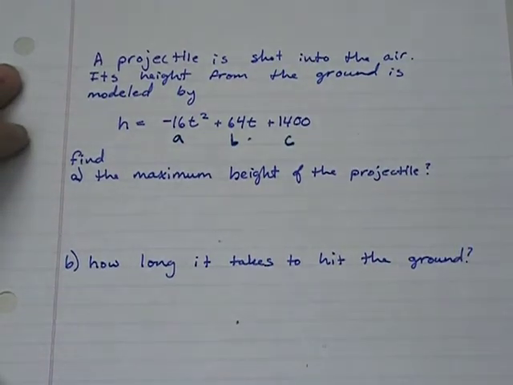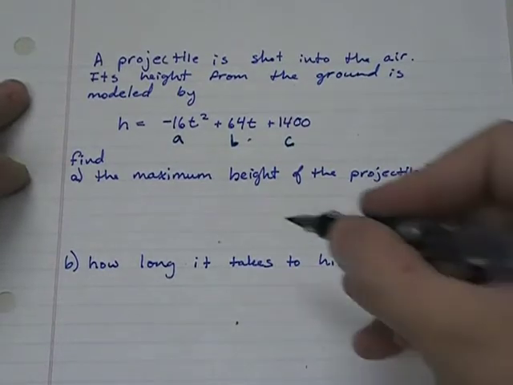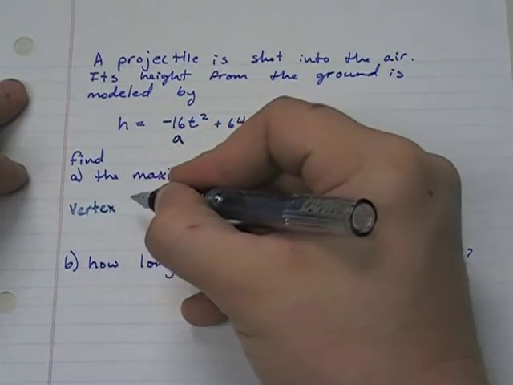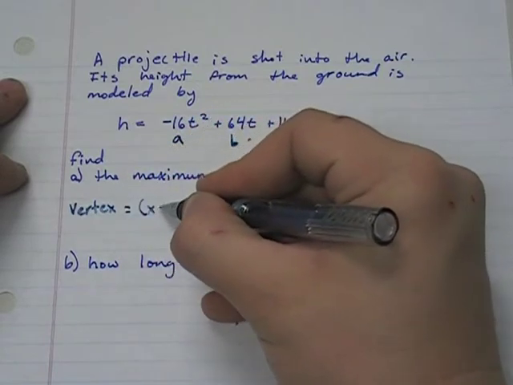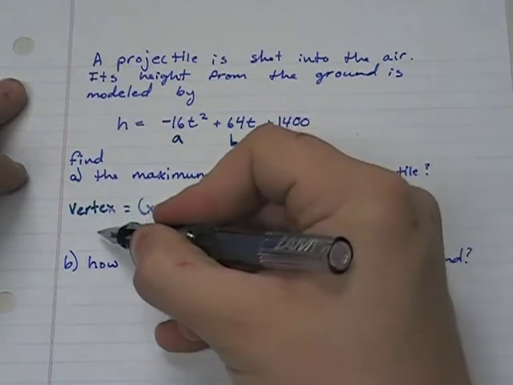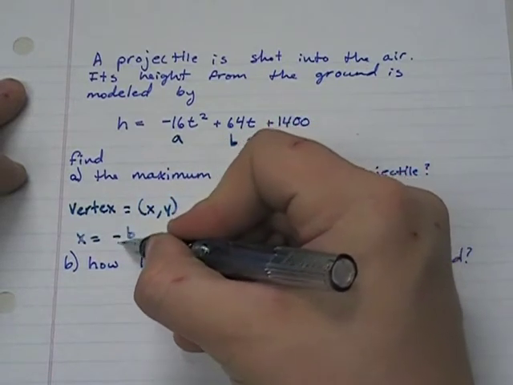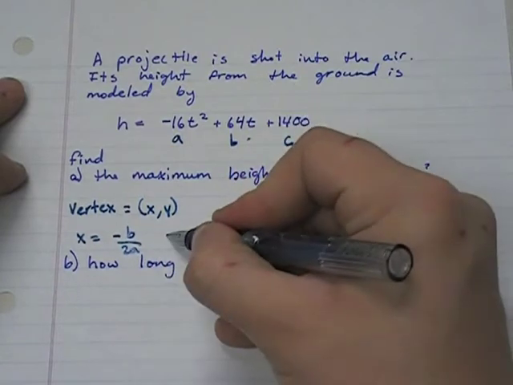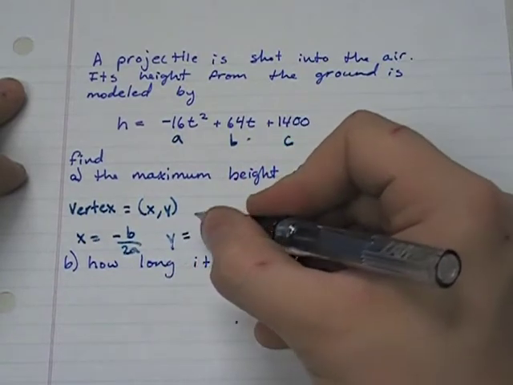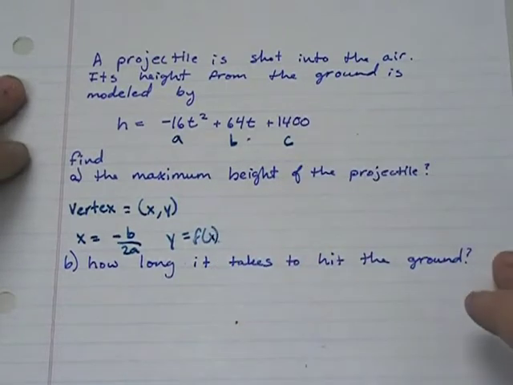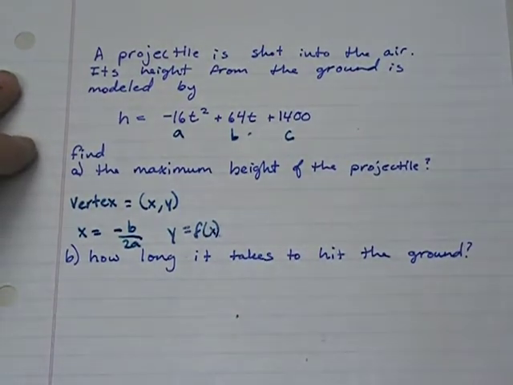And if you know that, then the vertex of the parabola will always equal x comma y, where x equals negative b over 2a and y equals f of x. This is true for any quadratic.